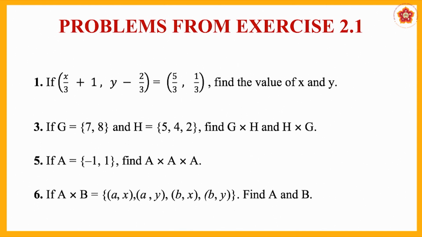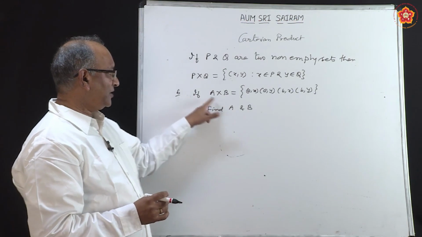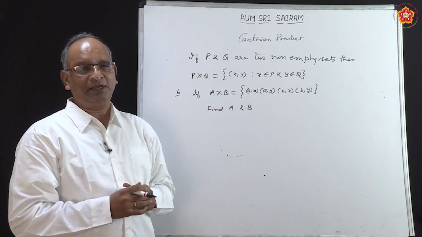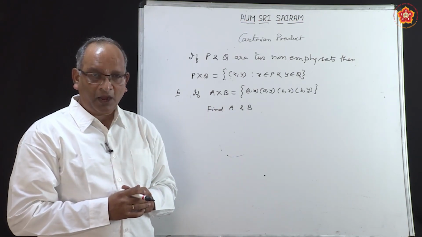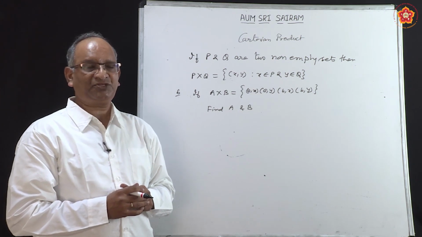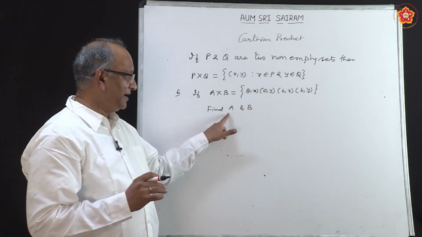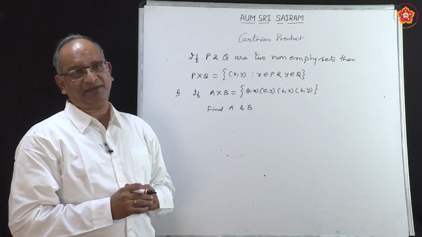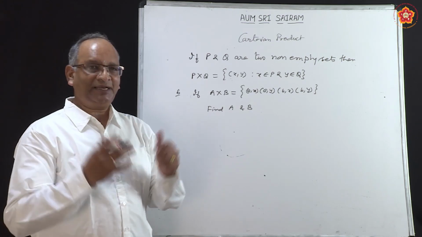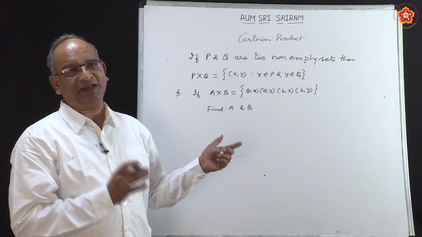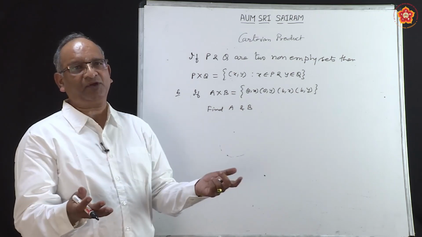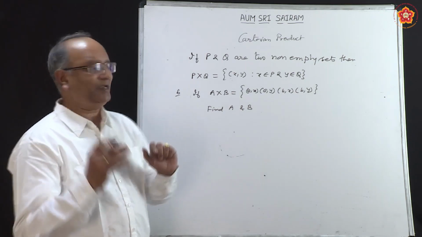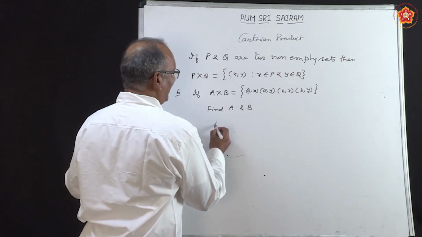It's an objective question. There is nothing to solve in it. We know that A cross B contains ordered pairs in which the first element is from A, second element is from B. So generally he used to give A and B, we used to find A cross B. Now he has given A cross B and he is asking us to write A and B. So tell me what will be A?